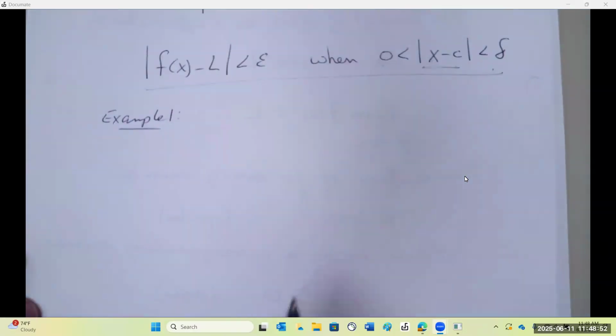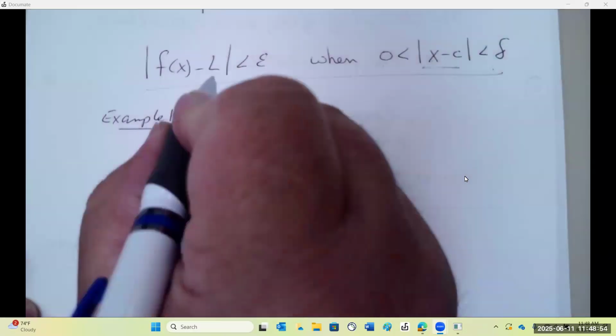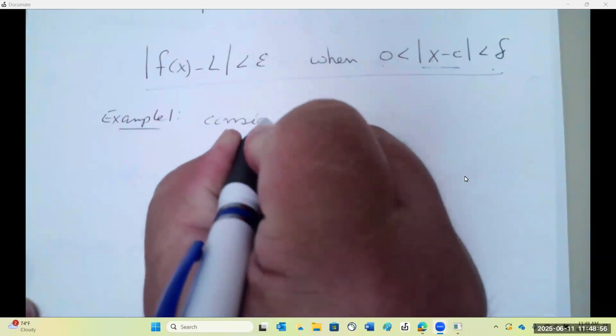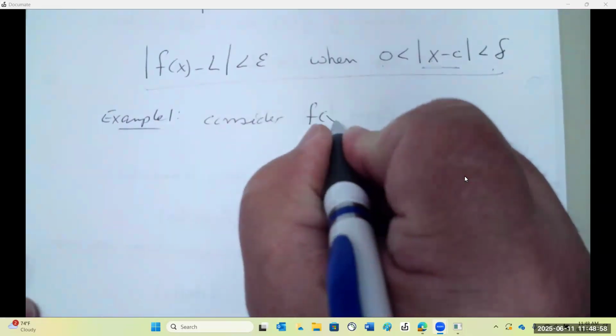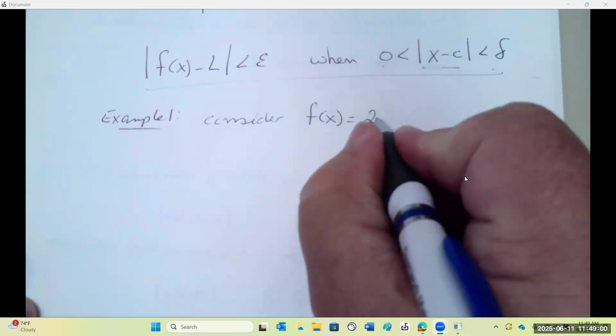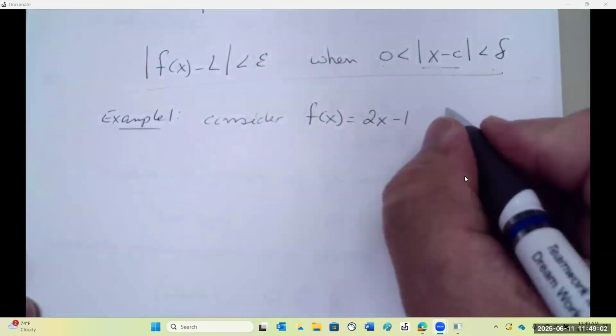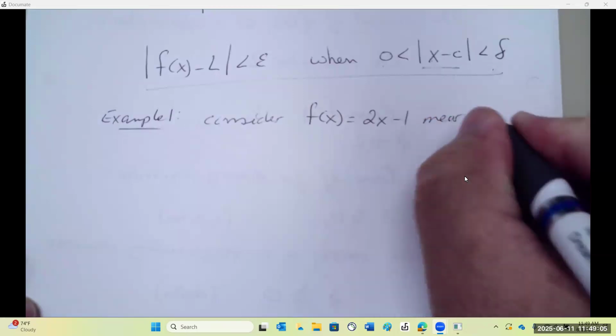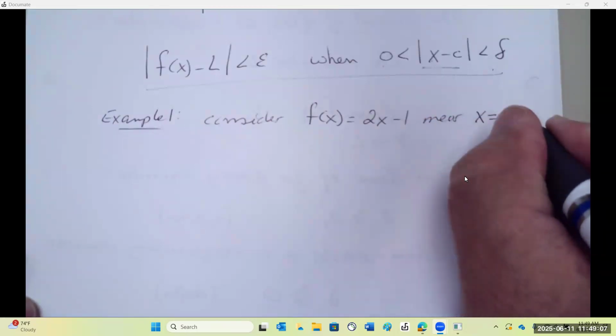Example 1. Consider the function f of x equals 2x minus 1 near the value x equals 4.